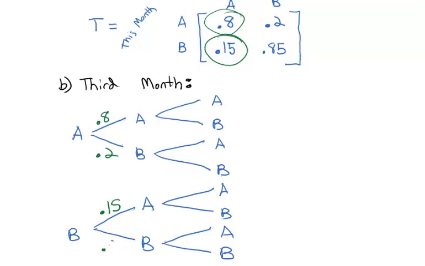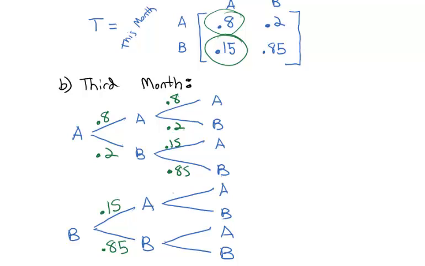B to B is 0.85. And then we repeat this pattern. From A to A, in the middle now, happens 0.8 of the time. A to B happens 0.2 of the time. B to A happens 0.15. And B to B happens 0.85.